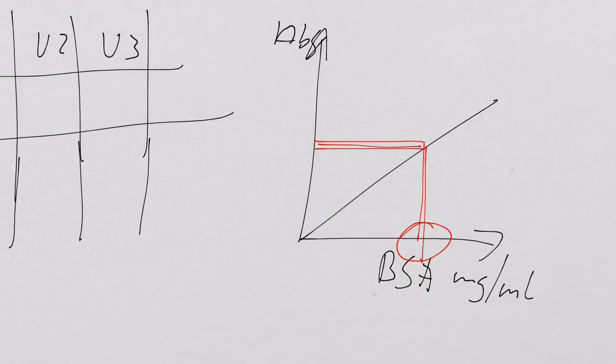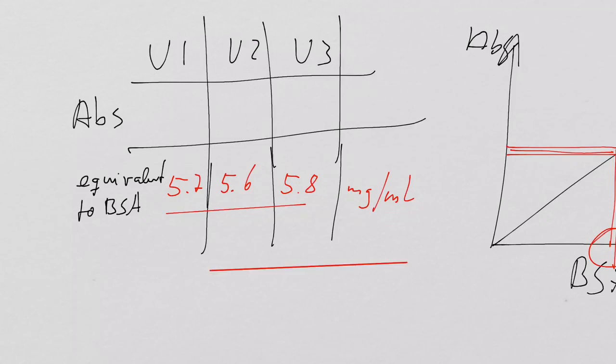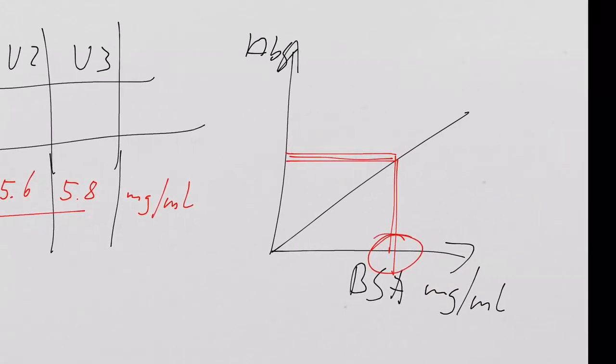So it might be 5.7 milligram per milliliter, 5.6 milligram per milliliter, and 5.8 milligram per milliliter. That is what it looks like on the graph, what you read off.